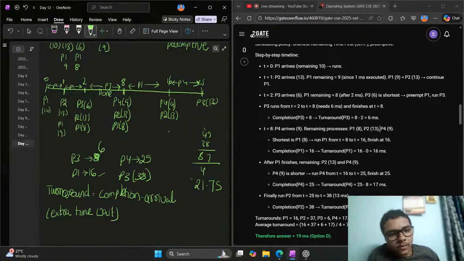P4 enters the chat at 16 and 16, right, that is 9 itself and P3 kind of entered at 2, that is 36. So 36 plus 9 is 45 and 16 plus 6 is 22.